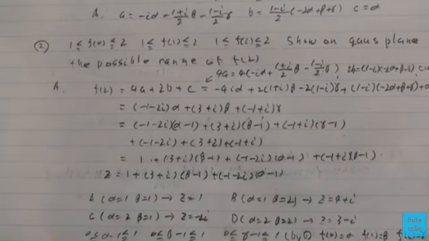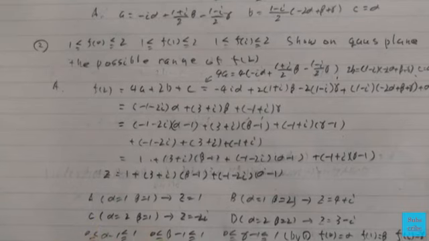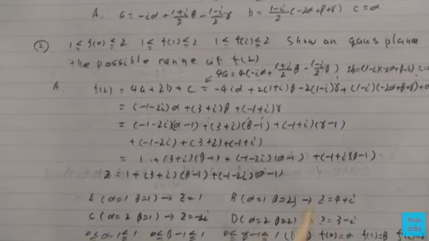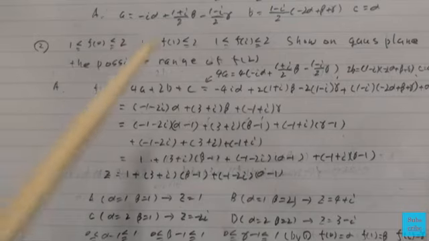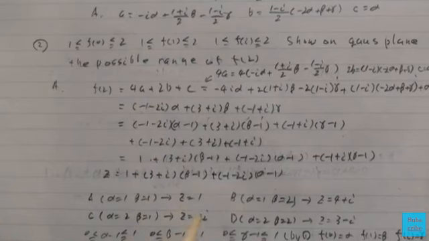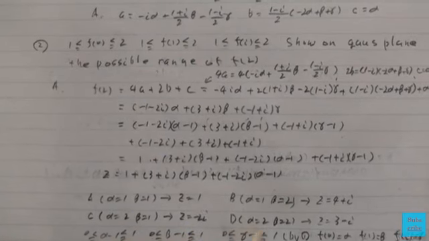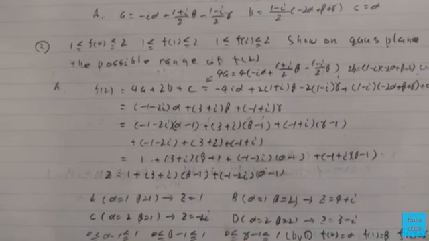Then the range of alpha minus 1, beta minus 1, gamma minus 1 is given by the first condition.